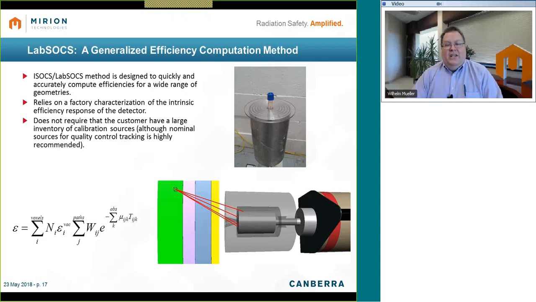It required that we add additional characterization measurements, such as measuring a sample in the well, so that we can validate that efficiency response. What this gives you is an advantage when you have a sample that is a different density or a different material than what your calibration sources have: you can very quickly compute the proper efficiency response with LabSOCS and maintain an accurate analysis.